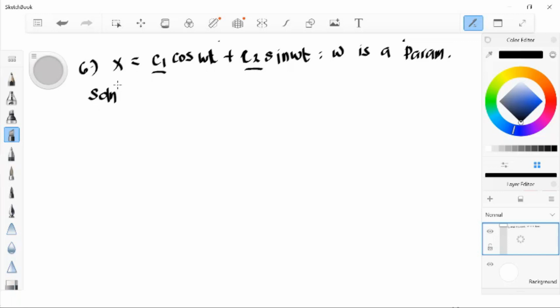So let's solve this. First, what is the derivative of x? That is dx.